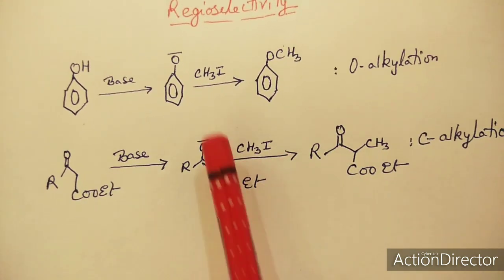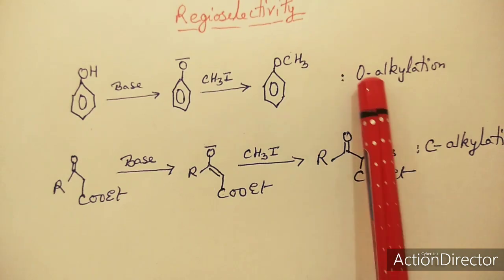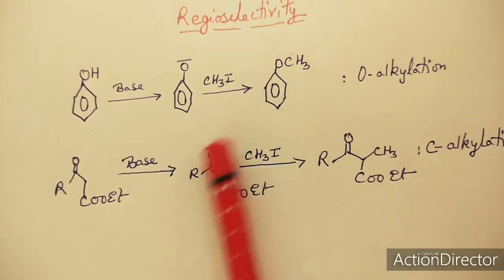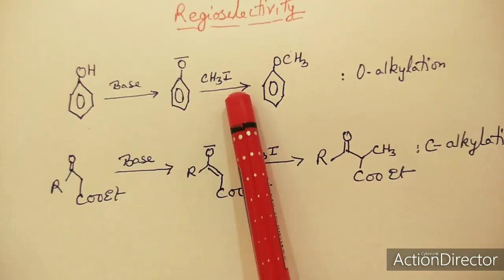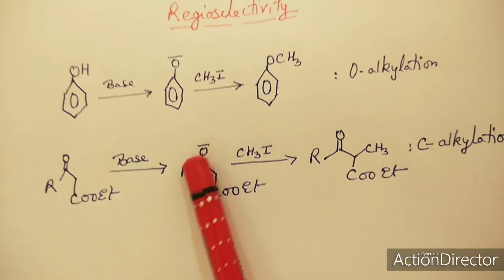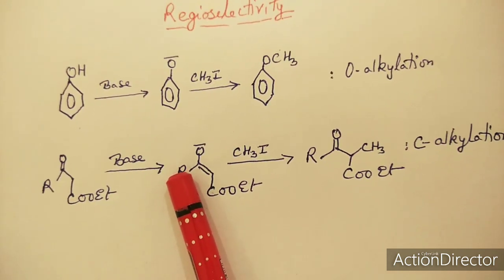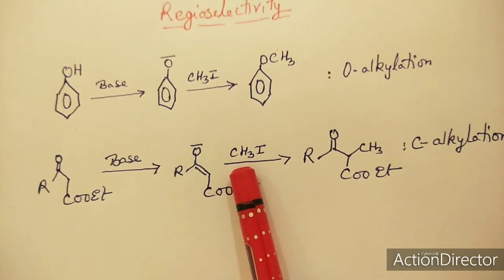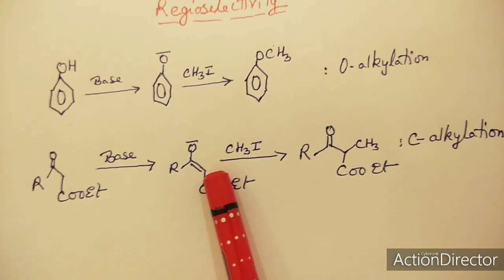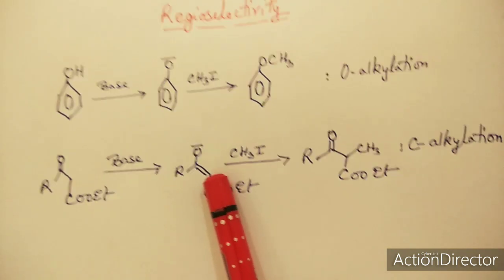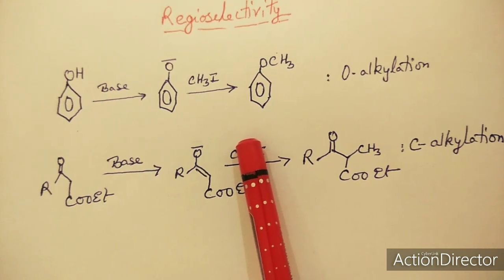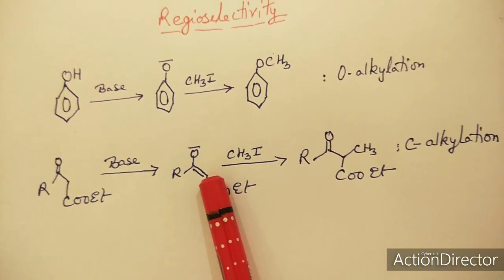So see the difference in the behavior of these two functional groups, that they are alkylated on different parts. Here we have O-alkylation, whereas over here we do not have O-alkylation, but we have C-alkylation. This C negative is the one which adds to this CH3 positive.